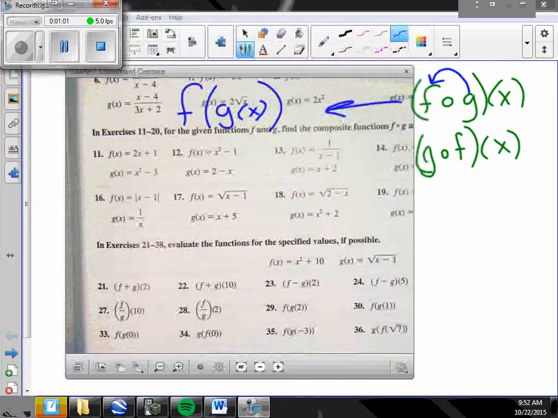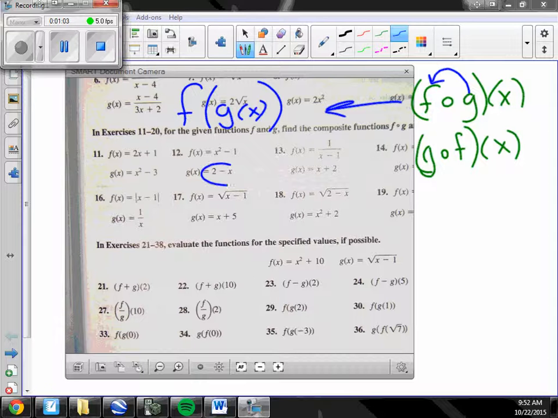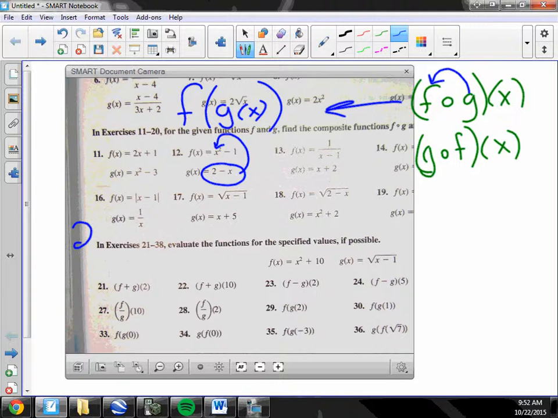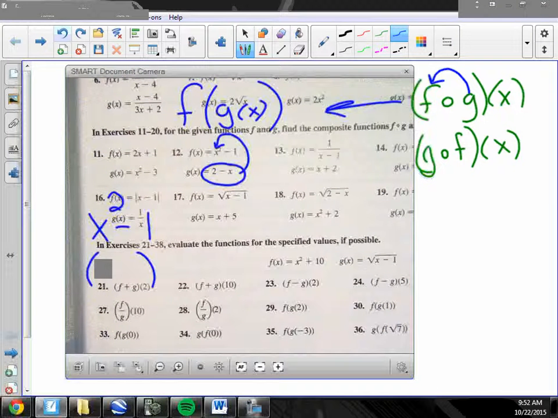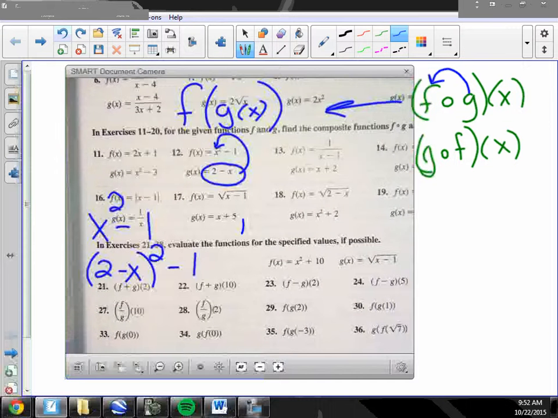So if you look at number 12, we're going to take 2 minus x and we're going to plug it in there. So we have x squared minus 1, but I'm going to replace that x with 2 minus x, squared, minus 1. Well, 2 squared is 4. 2 times negative x is negative 2x.